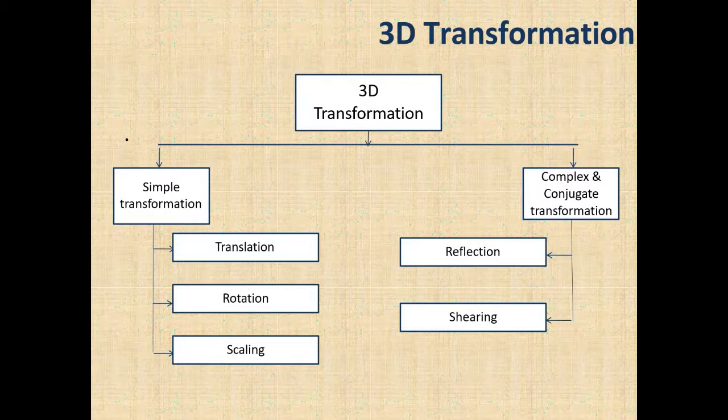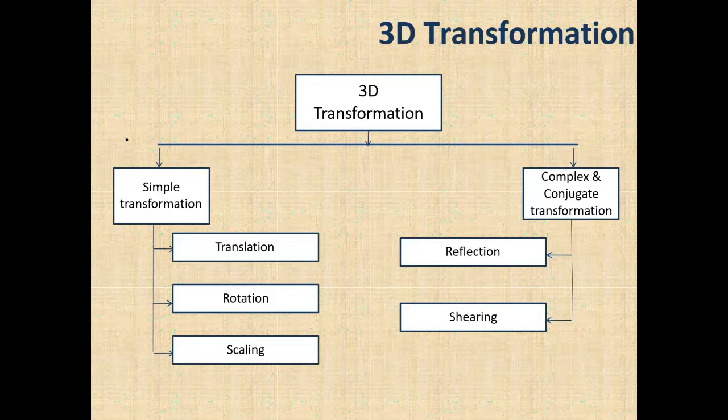So 3D transformation, like 2D transformation, can be divided into two parts: one is rigid, another is non-rigid. Whatever you are seeing on the screen is simple transformation and complex transformation. This one is rigid and that one is non-rigid.